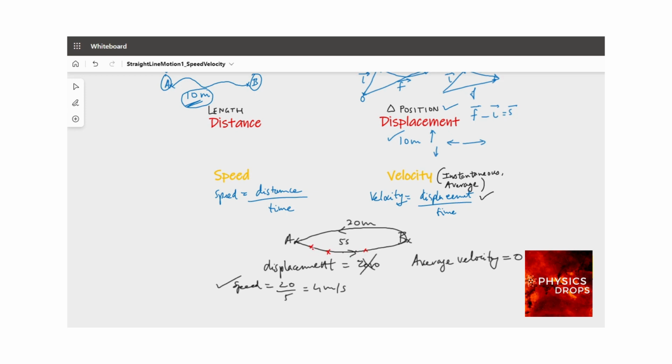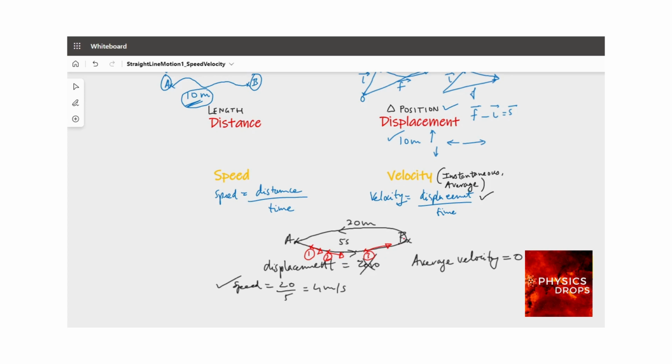At this point, if I take the velocity at that particular instant, let me call this 1, 2, and 3. At instant 1, definitely the object has a velocity because it is moving with a particular speed in a particular direction. At 2, there is a definite velocity at that instant. And then at 3, there is a velocity at that instant.